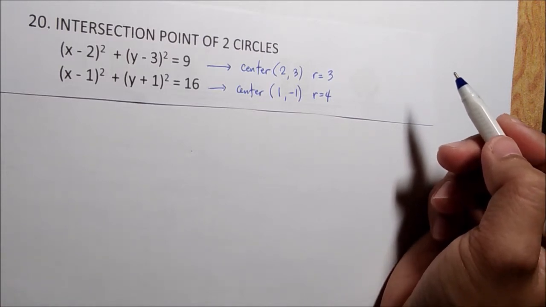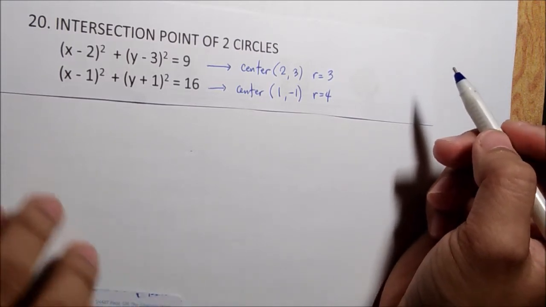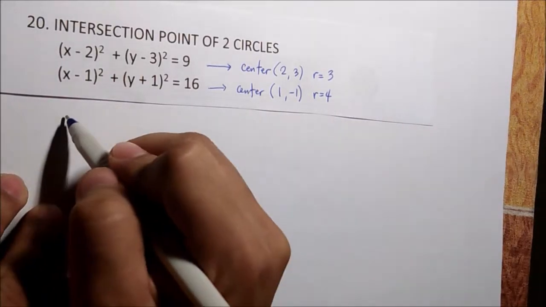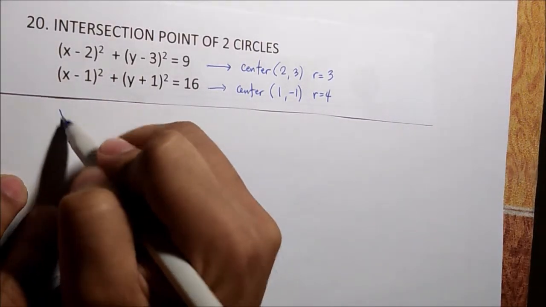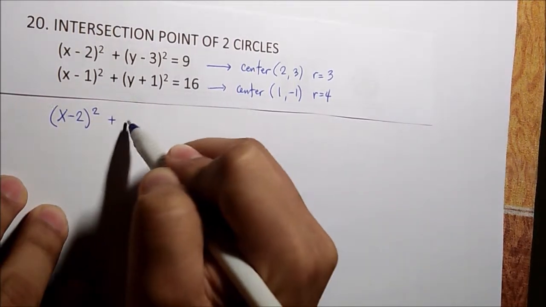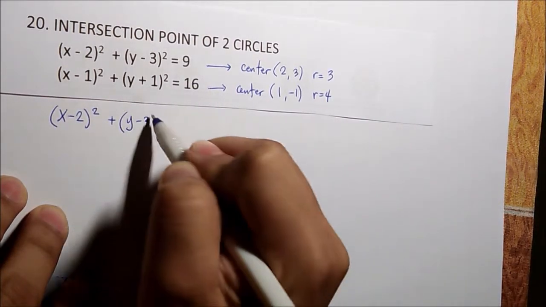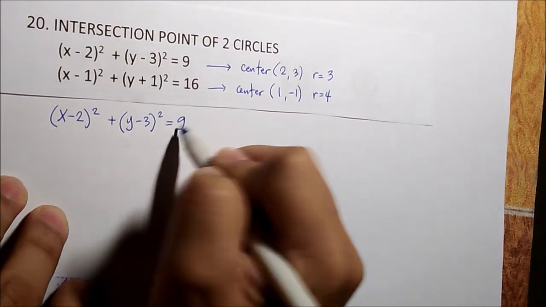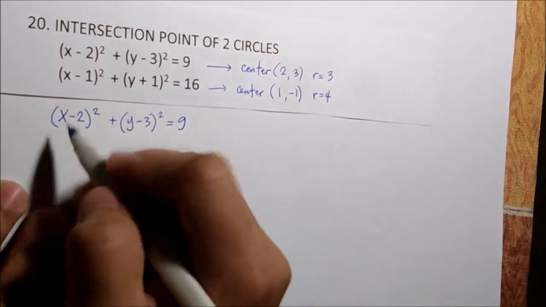First thing to do is to expand the two equations. Okay, so let me write the first one. (x minus 2) squared plus (y minus 3) squared is equal to 9. We will expand this one.